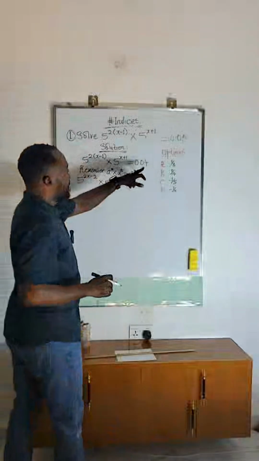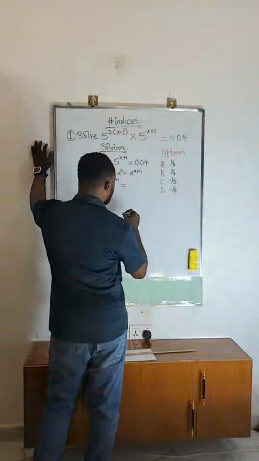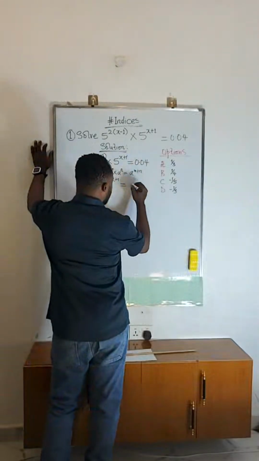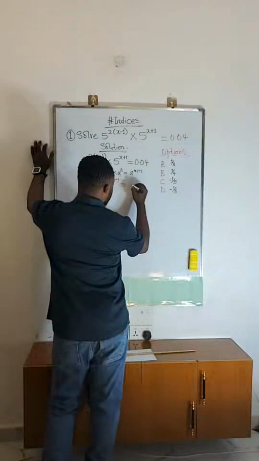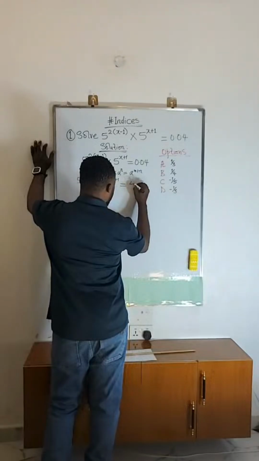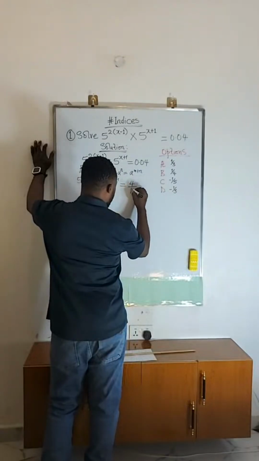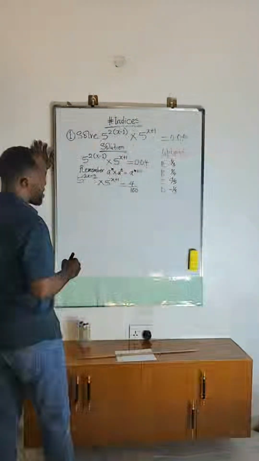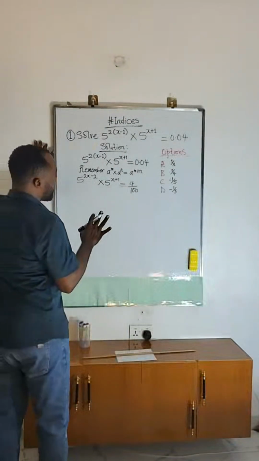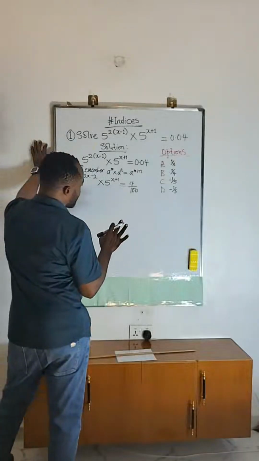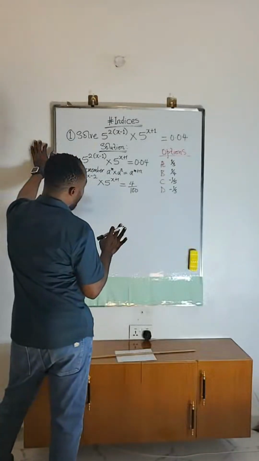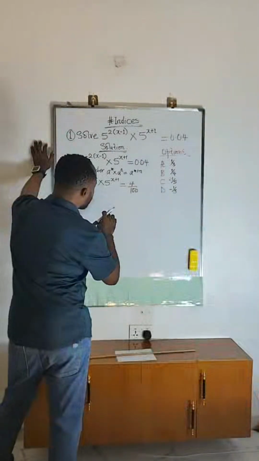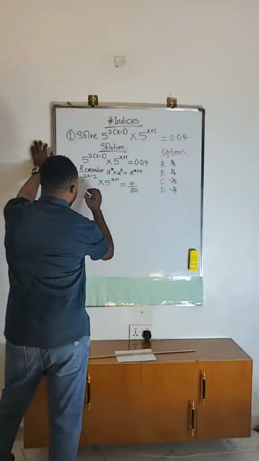Now let's change this decimal into a fraction first. 0.04 is the same thing as 4 over 100. Is that right? It's the same thing as 4 over 100. Let's see now.